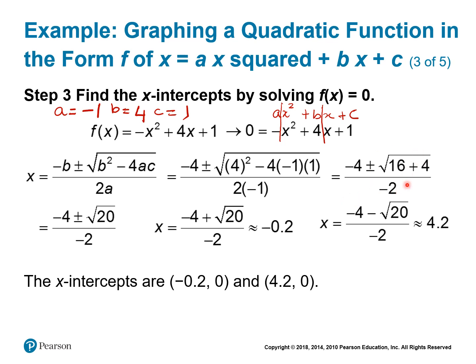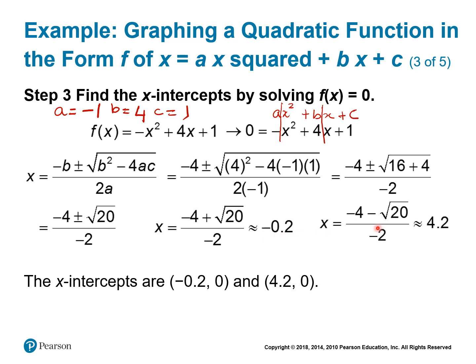So let's continue simplifying. 16 plus 4 makes 20. So now they have -4 plus minus square root of 20 divided by -2. So x is -4 plus square root of 20 divided by -2, and they've used the calculator here, so we get -0.2.